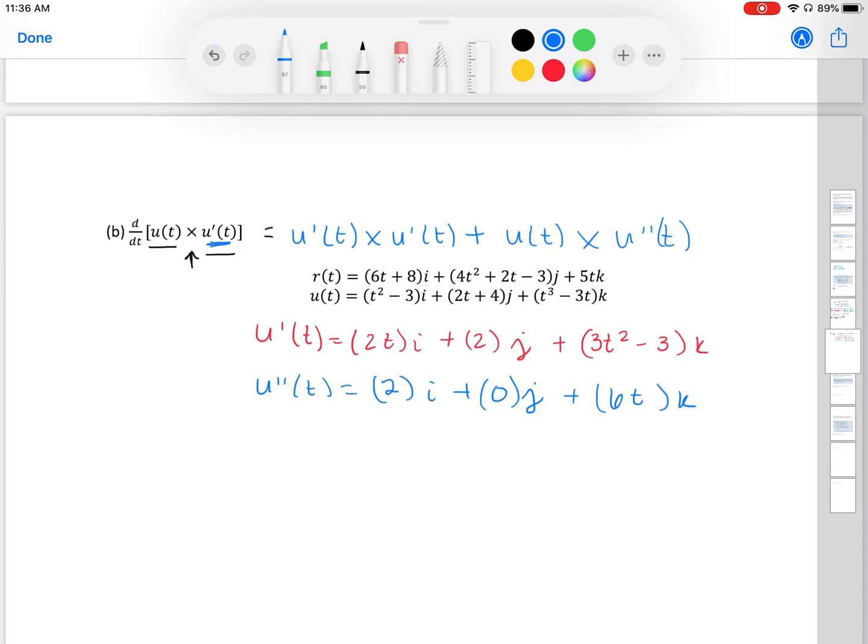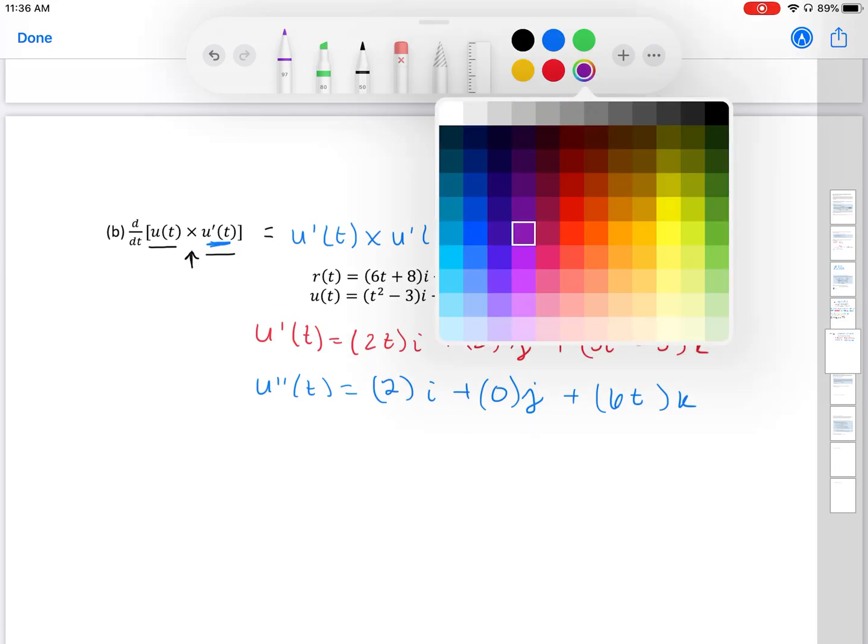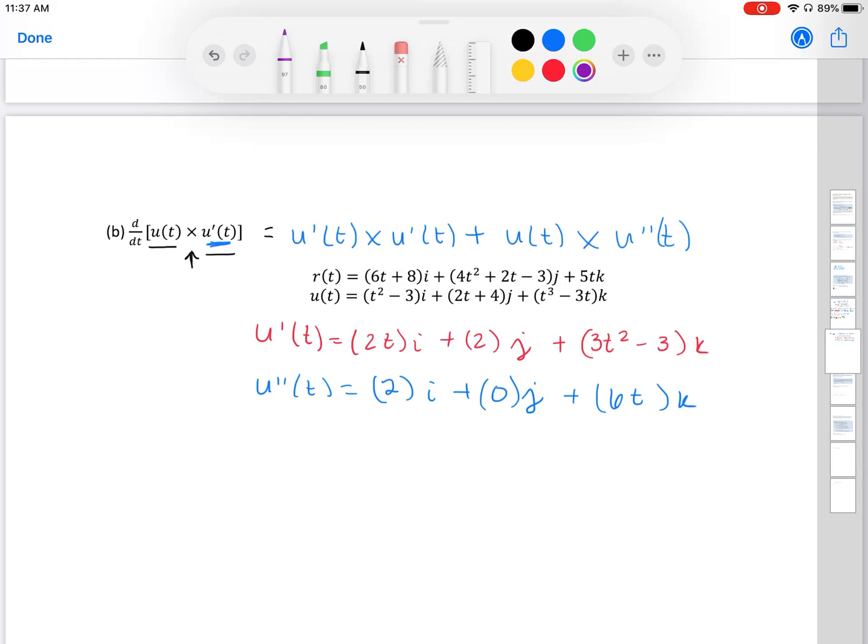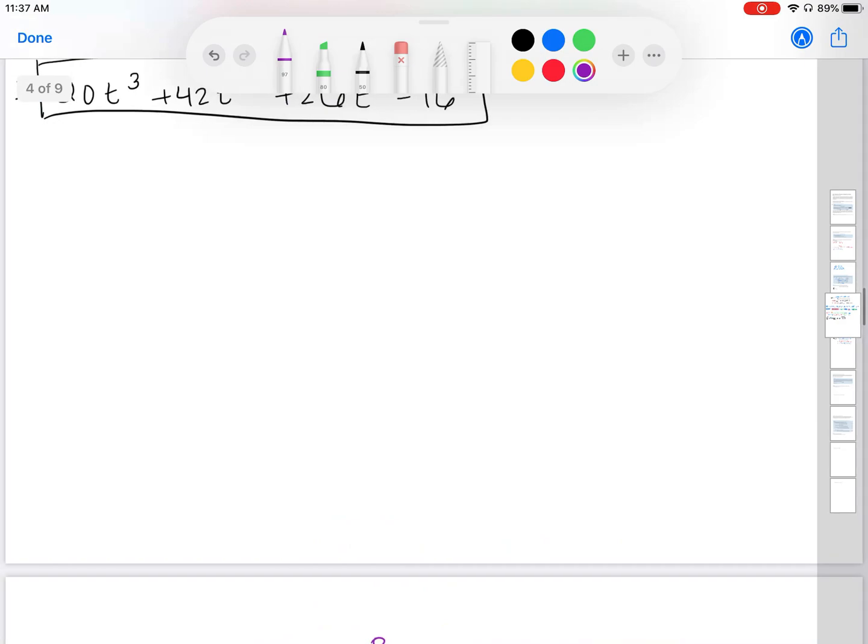Now, based on our rule or definition above, notice that if I have the cross product of two derivatives, that gives me 0. Right? We had that right above.